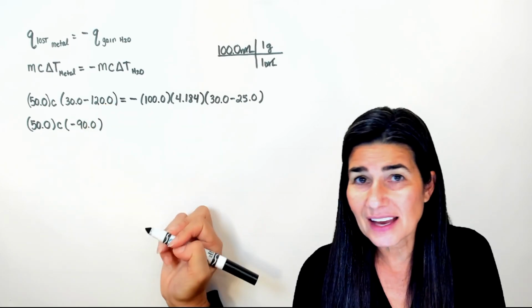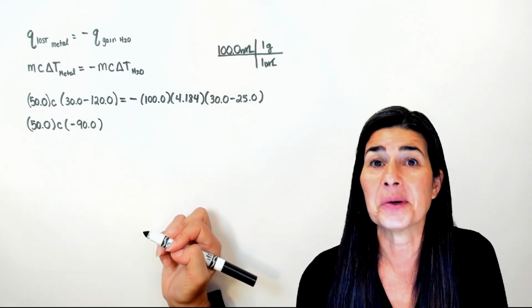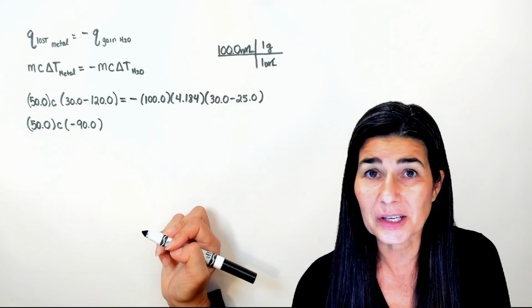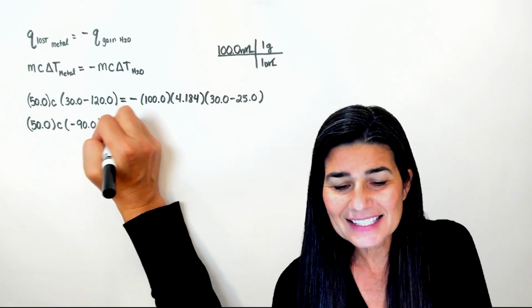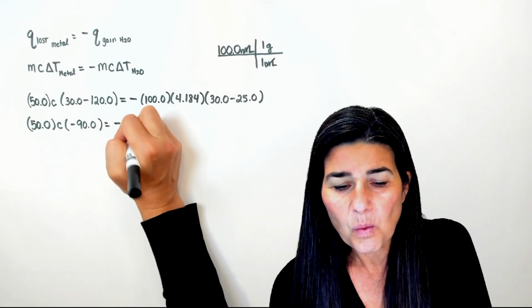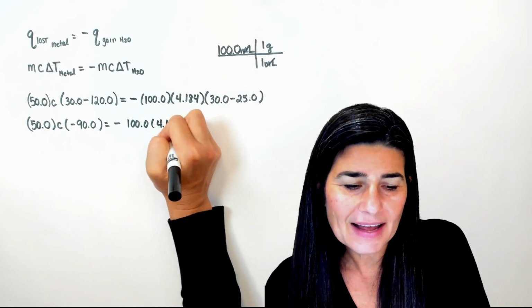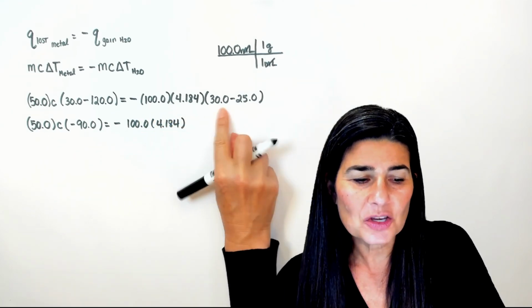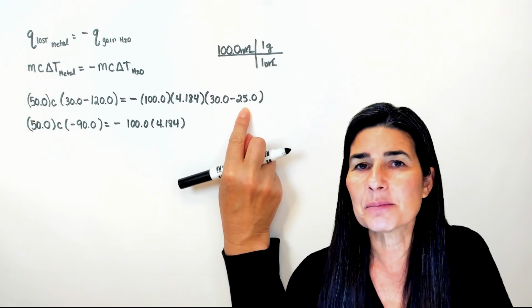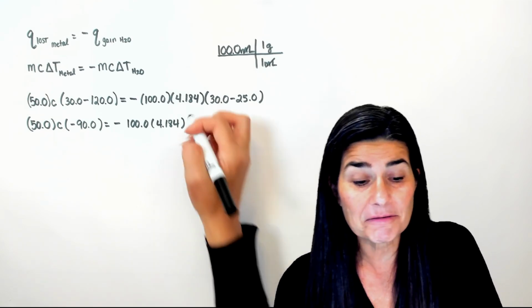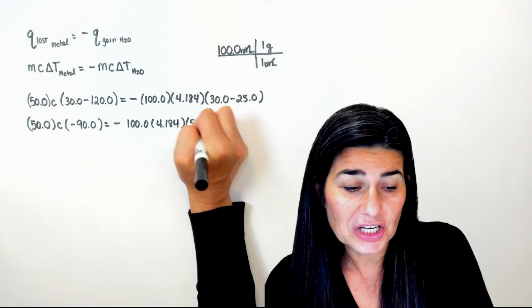If you forget about that negative sign, this equation will not work out. The temperature lowered in that case. This equals negative 100.0 times 4.184 times your temperature change here, the water went from 25 to 30. That's a positive 5 degree temperature change.